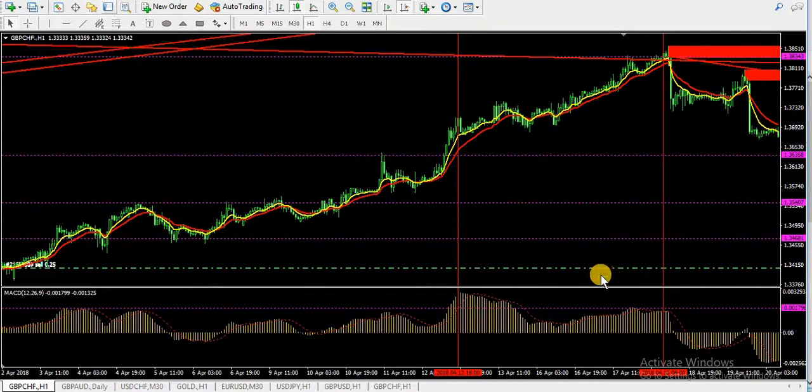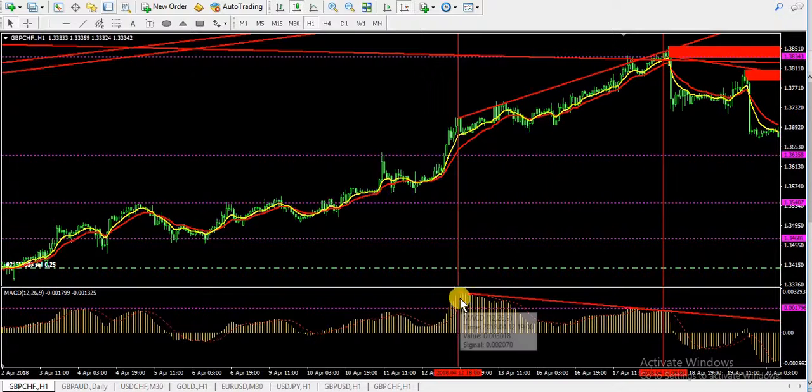So that means the market, I'm talking about this region, from this point to this point. This says this one is higher than this, but this one says this one is higher than this side. So that is what I mean by divergence.